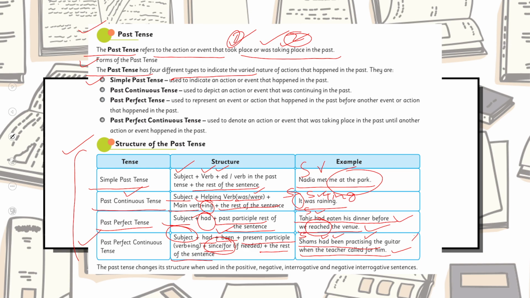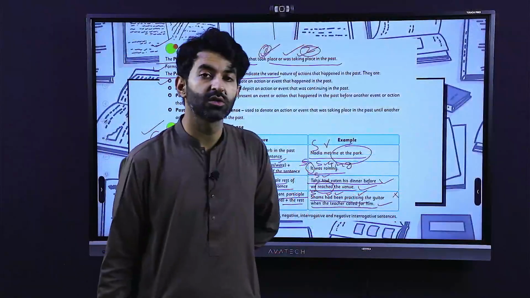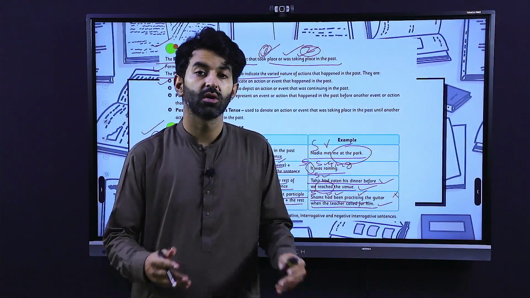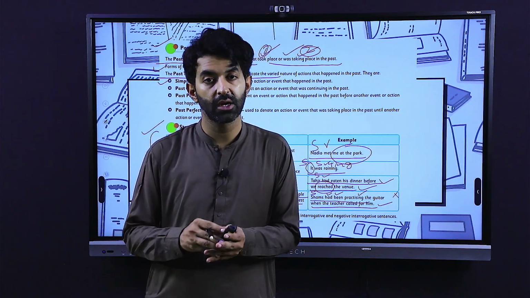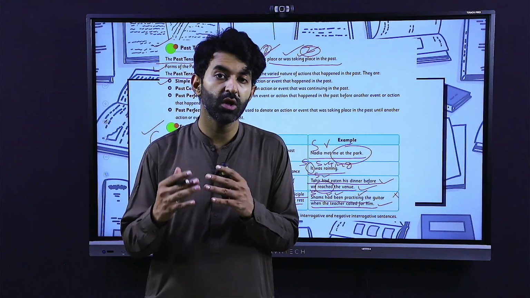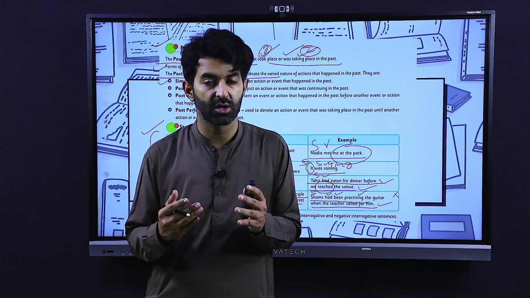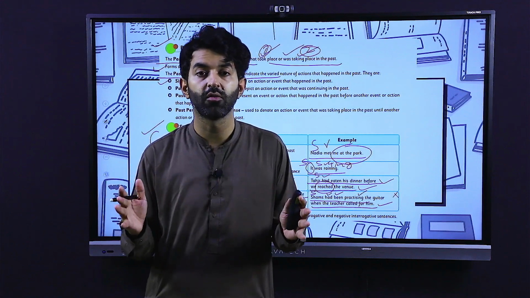So we did not add since or for, and the sentence is still standing correctly. The past tense, students, also changes when you change the sentence according to the interrogative, negative, or negative interrogative variation. So it will have a slightly different structure, but the main structure will always remain the same.